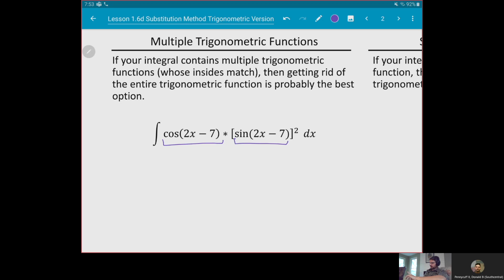Now, my typical rule of thumb is if a trig function is kind of sitting off by itself, leave it alone. This cosine is just there. It's not really doing anything. This right here, we get rid of, because that's being raised to a second power, that's being messed up on.